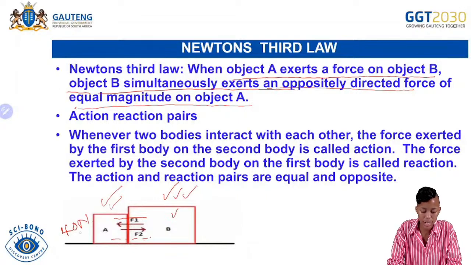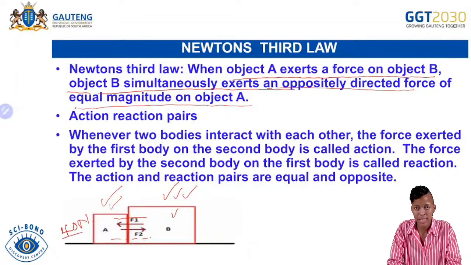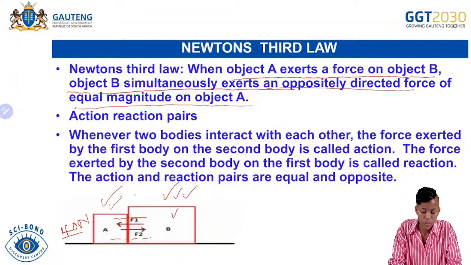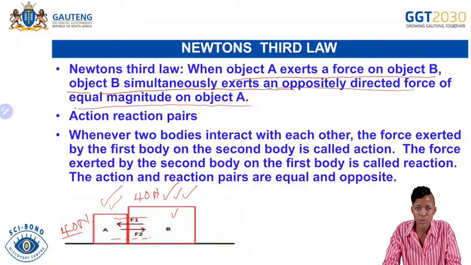Magnitude is the size. So A exerted a force of 40 Newton on B, which means that B will also exert a force of 40 Newton, that is of equal magnitude.